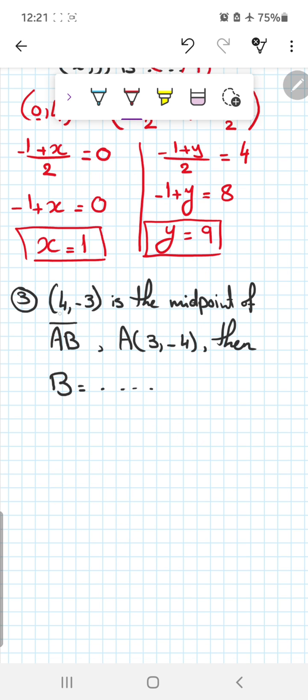Number 3, (4, -3) is the midpoint of AB, where A is (3, -4) and B, we want to get the coordinates of B. So let the coordinates of B be (x, y). As we said, the rule of the midpoint equals (x1 plus x2 divided by 2, y1 plus y2 divided by 2).